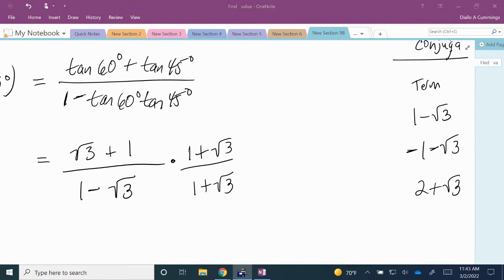Anytime you multiply something by 1, you don't change the value. You simply change the way that your problem is expressed. From this point, we're going to multiply the numerators and multiply the denominators. We're going to cancel, and we should have our final result.